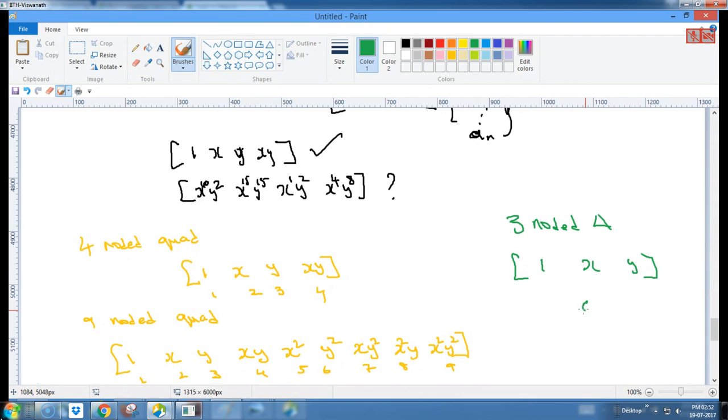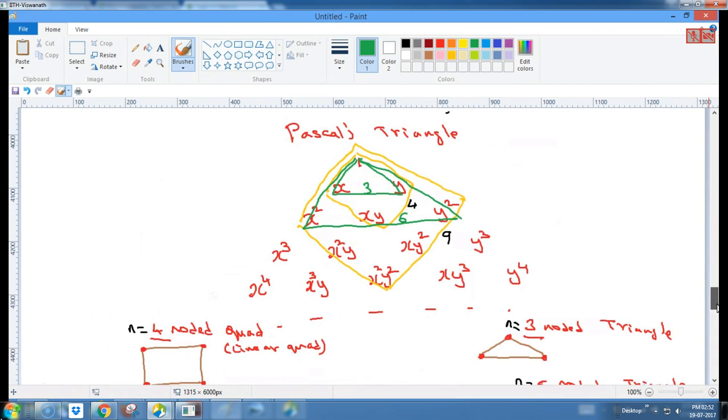If it is 6-noded, I can clearly see that it is 1, x, y, x square, xy, and y square.